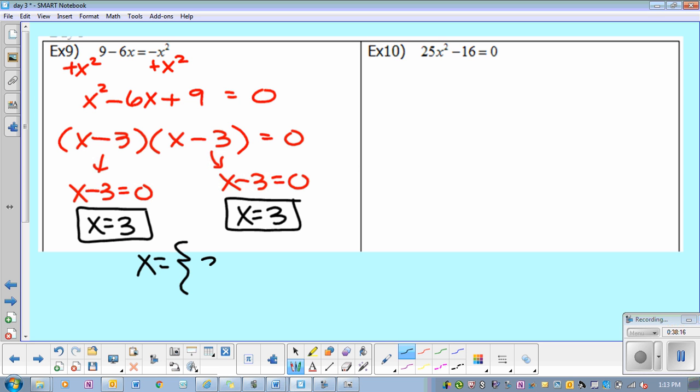So for this problem, since you have 2 answers that equal the same exact number, you just have to write it one time, okay? Example 10. Example 10 is a dose, right?